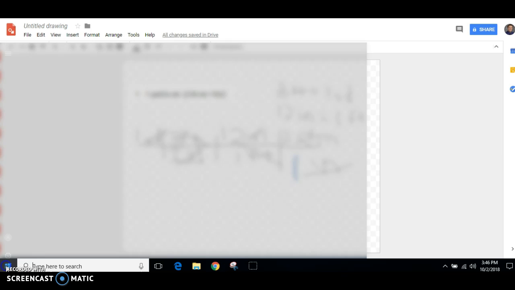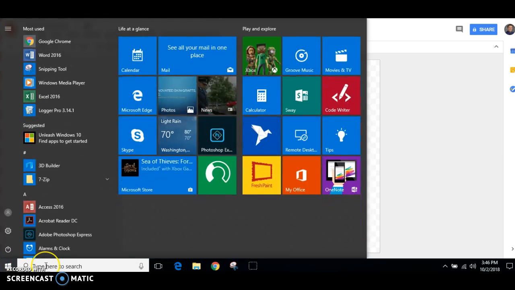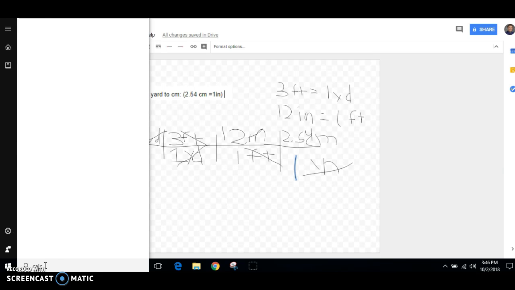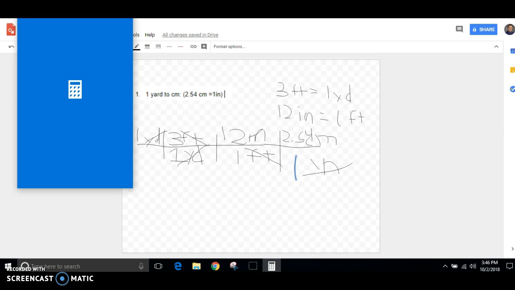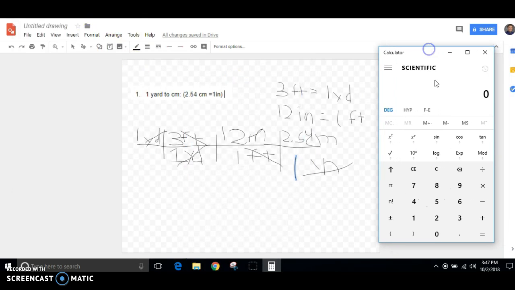Now if I type this into my trusty calculator, all I have to do is take our numbers. So I'm going to take 1 times 3 times 12 times 2.54.